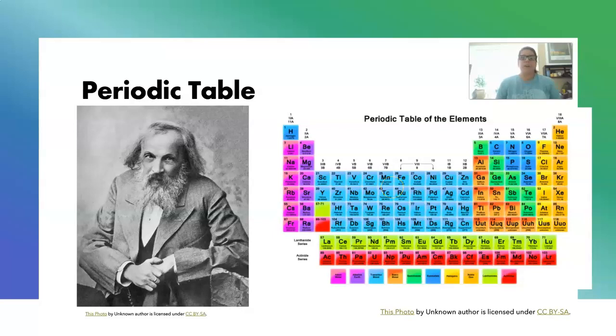Even though some of his predictions were not actually accurate, once we learned more about some of the elements as we moved forward or discovered more elements, his ideas and his organization are going to be the framework for what we now know about the periodic table.